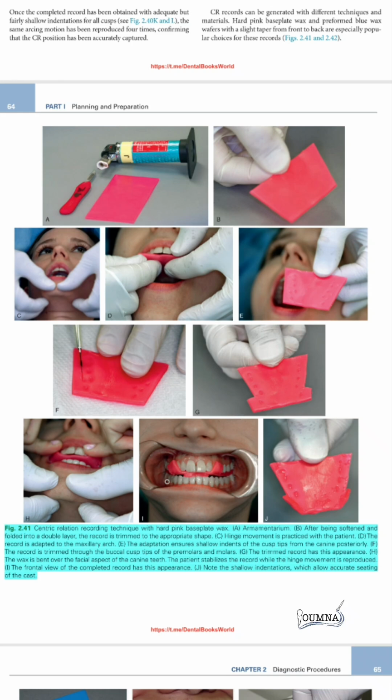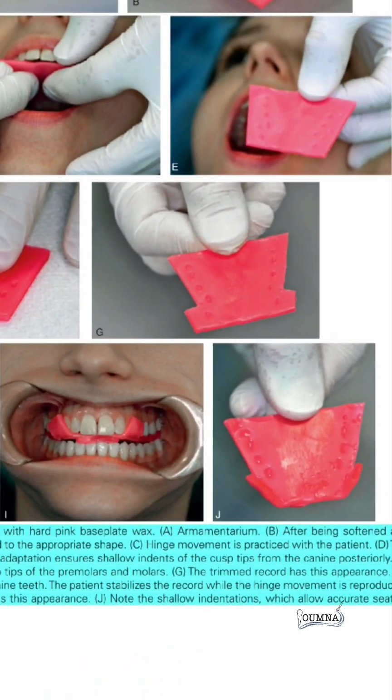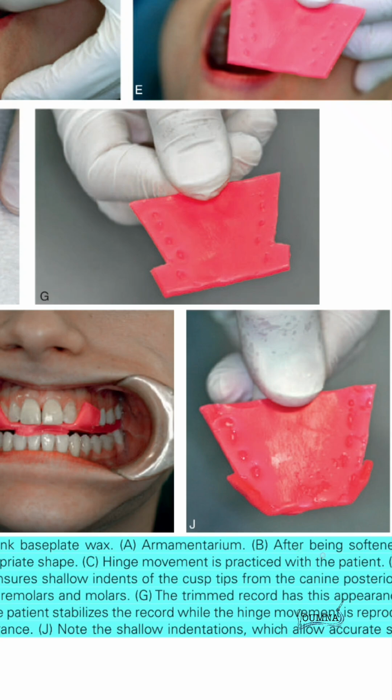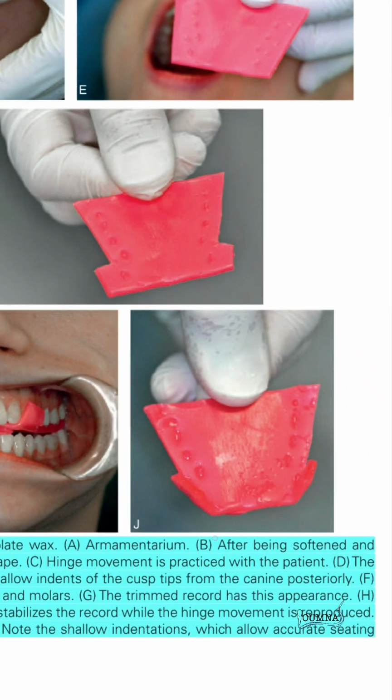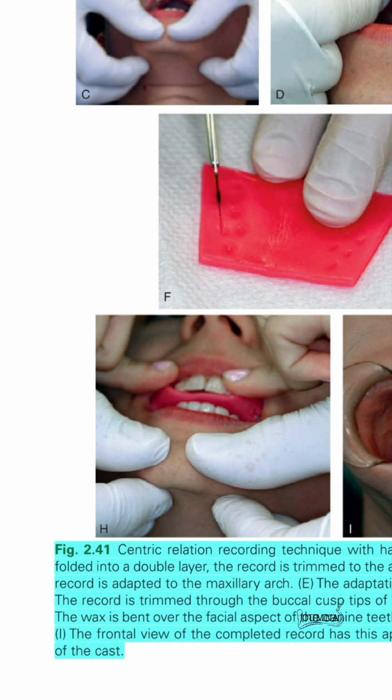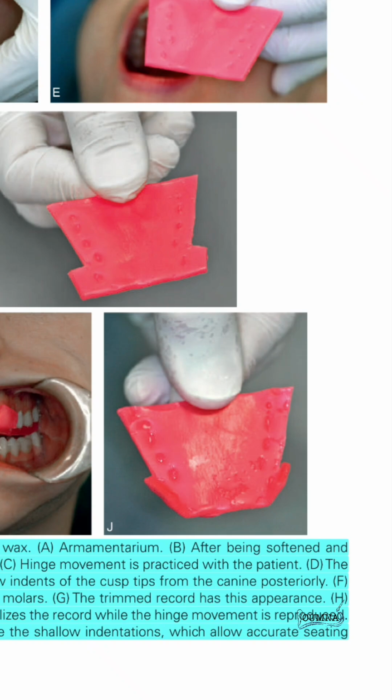When we take the relationship, we fold it back to the canine to direct its position, and we see the final result where there is the shallow indentation, which allows the accurate setting of the cast.